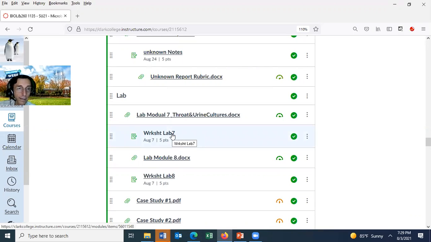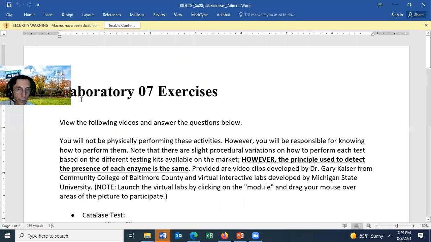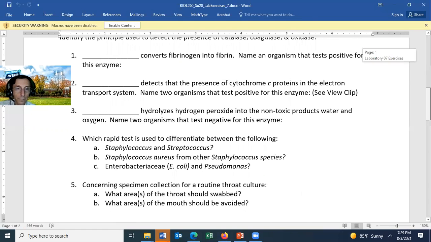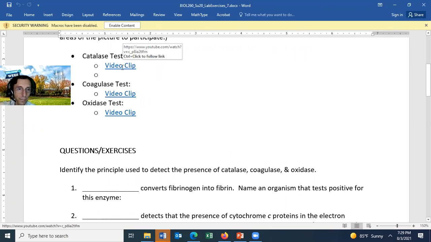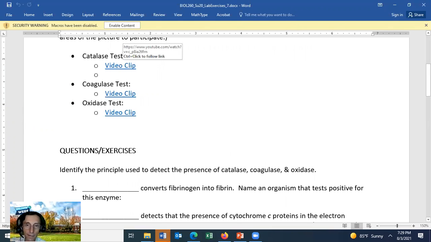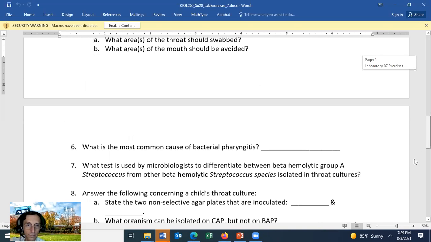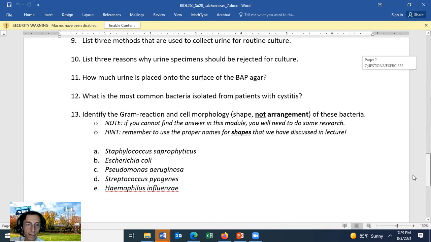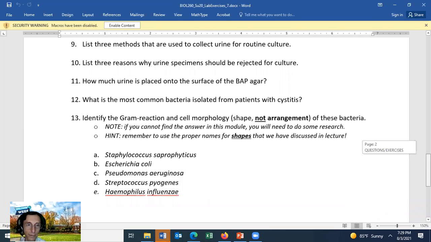So click here to get the worksheet and then answer your questions in the laboratory worksheet. It's similar, except you'll only have the video clip. And then answer the questions. You do not need to do question 8C. That is not discussed in the lab module.